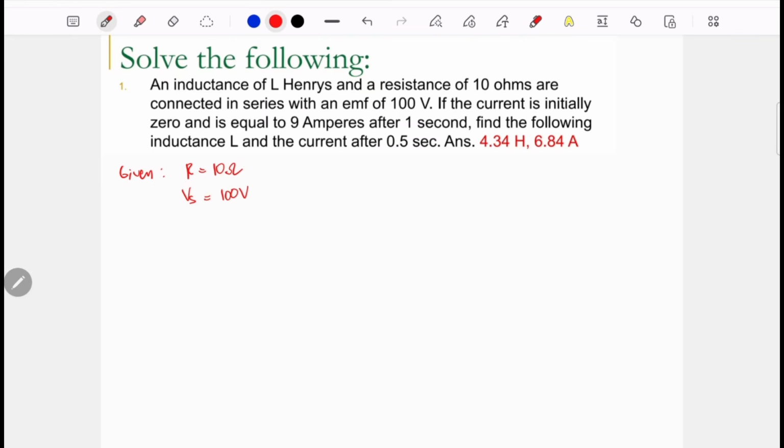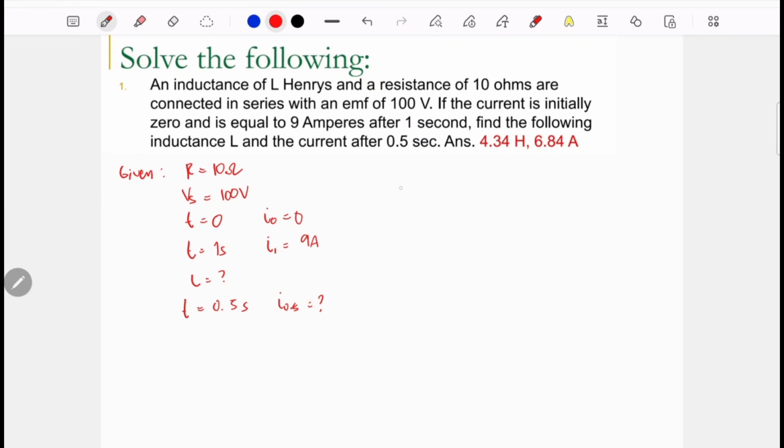If the current is initially 0, so when the time is equal to 0, the current is 0. After 1 second, the current is 9 amperes. Find the inductance, and find the current when the time is 0.5 seconds.